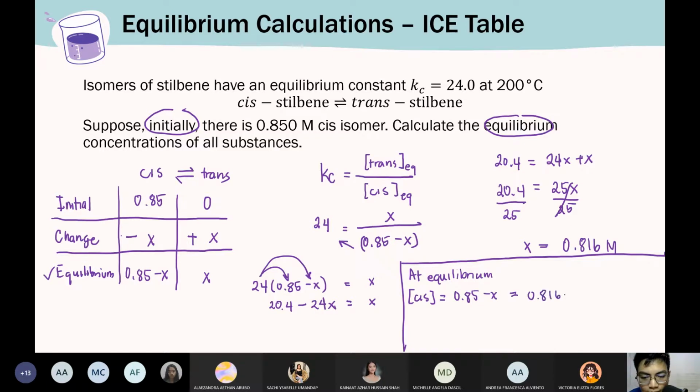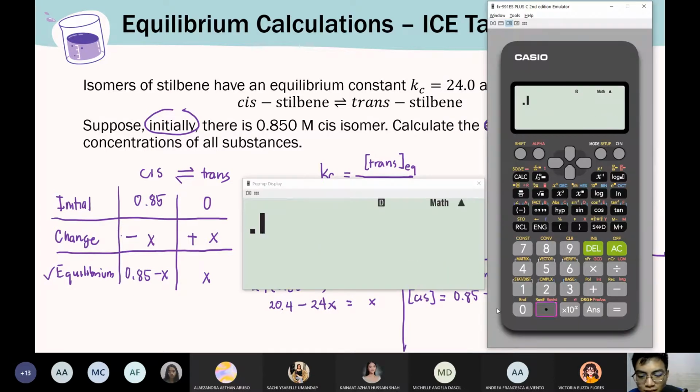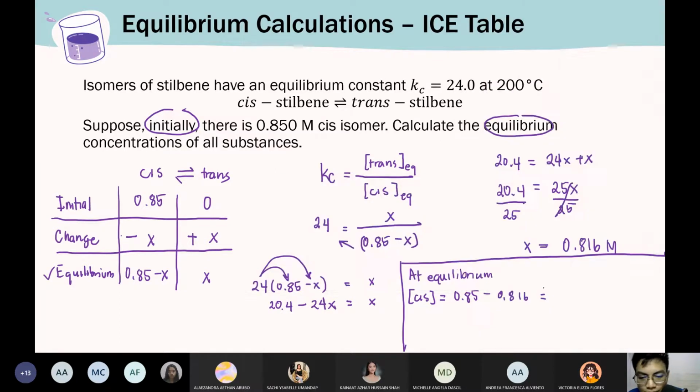That's 0.816. Sorry. 0.85 minus x. 0.816 yan, di ba? 0.85 minus 0.816. Okay, 0.034. And then for the trans, it is just the x. Okay?